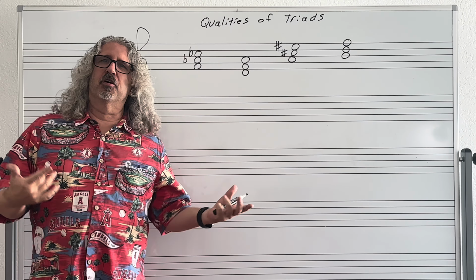Now I know that D major is D, F sharp, A, because I memorized it. But if I didn't memorize it, I also know that in the key of D, I should see an F sharp, and I should see an A natural. The key of D has two sharps, F and C. Well, I don't have my F sharp, so my third is lowered. A is what I think it should be, so it's really just a lowered third.